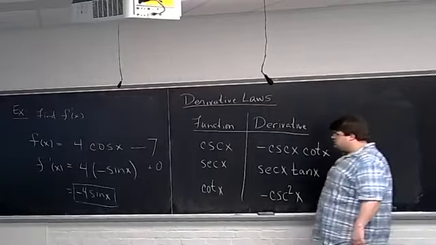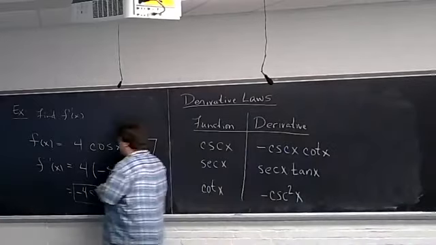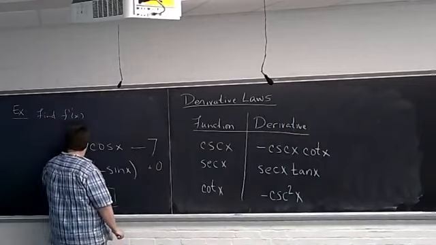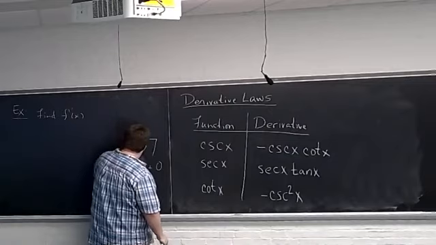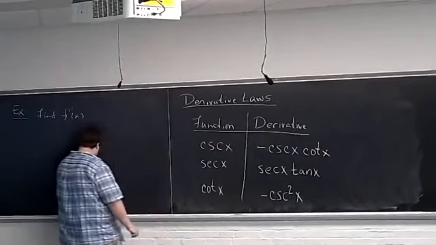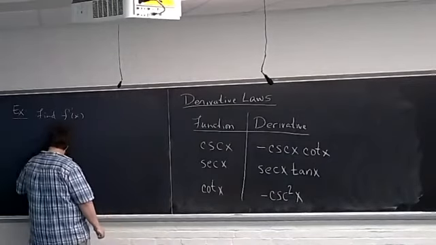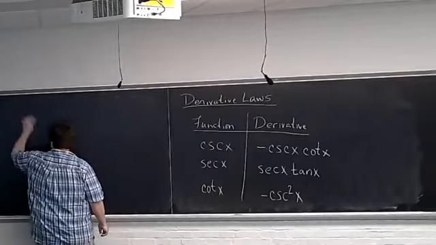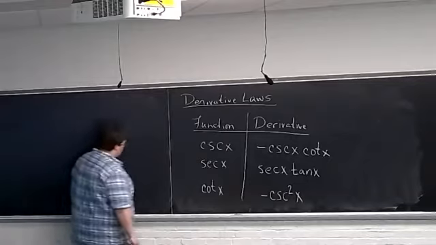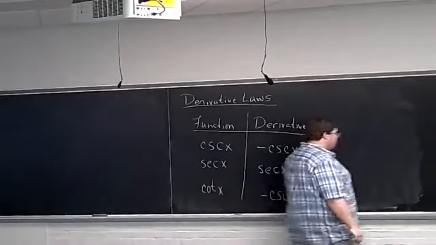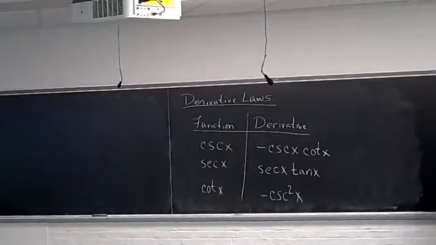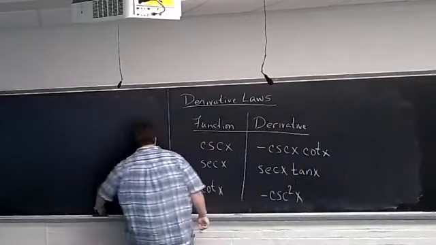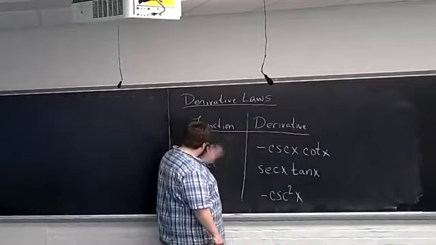And again, proofs of those 3 do follow from the quotient rule. Now, toward the end of next Thursday, I may go through some details of the derivative of sine of x, but not right now. So we now have 12 derivatives in our list of derivatives.